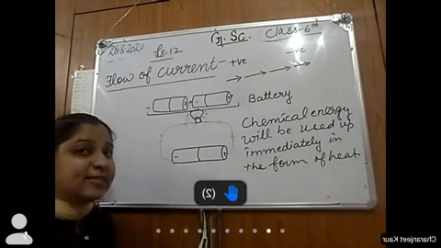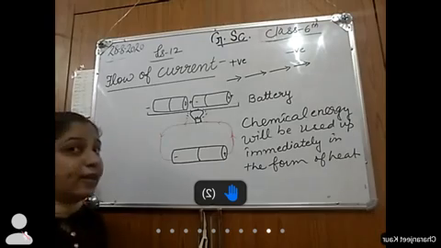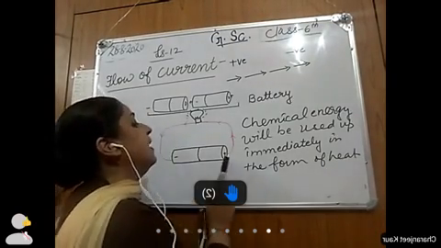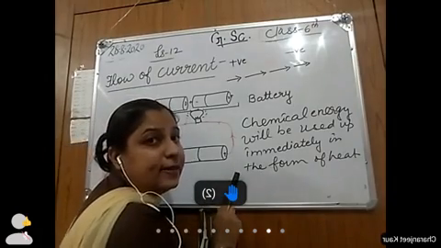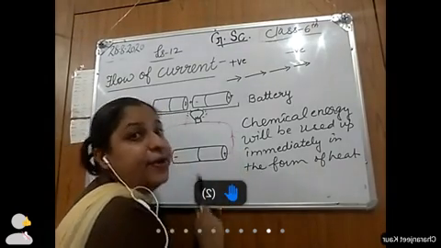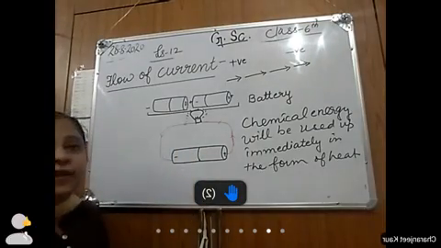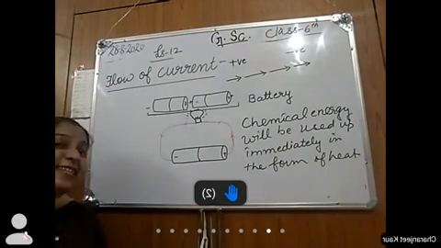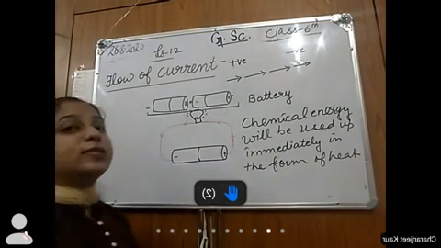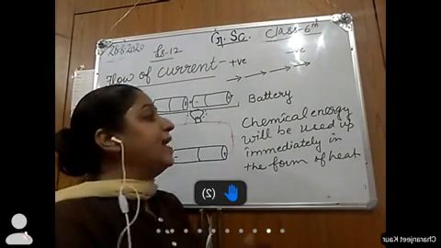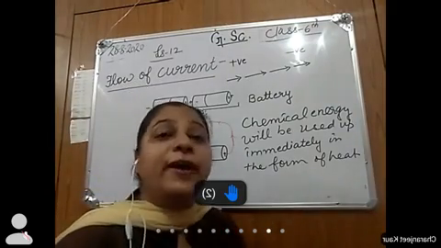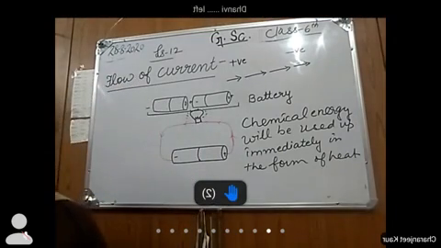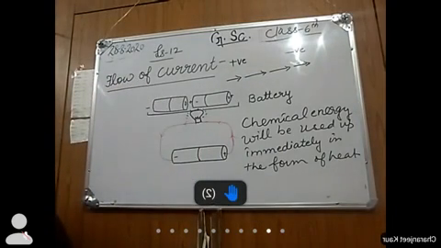My point is that if two terminals are joined together with a wire with no object in between, the chemical energy present in the cell will be used up immediately and lost in the form of heat, and the cell will become useless. Is that clear to you?